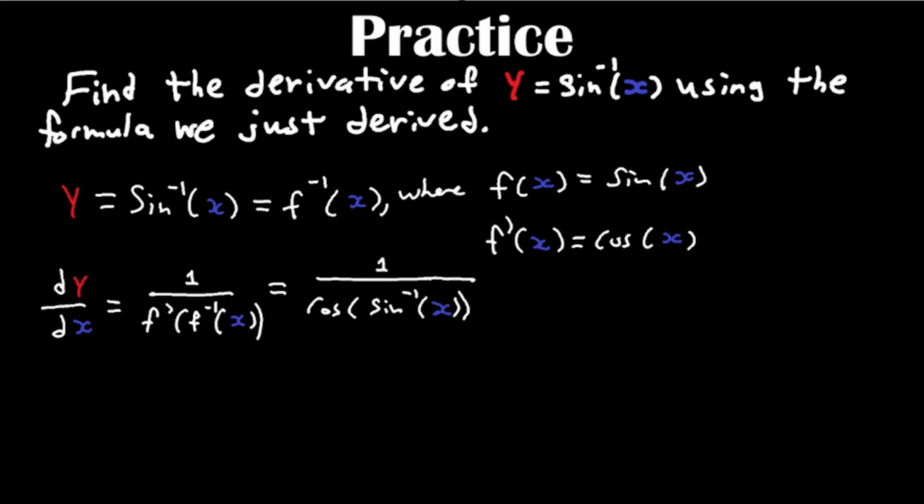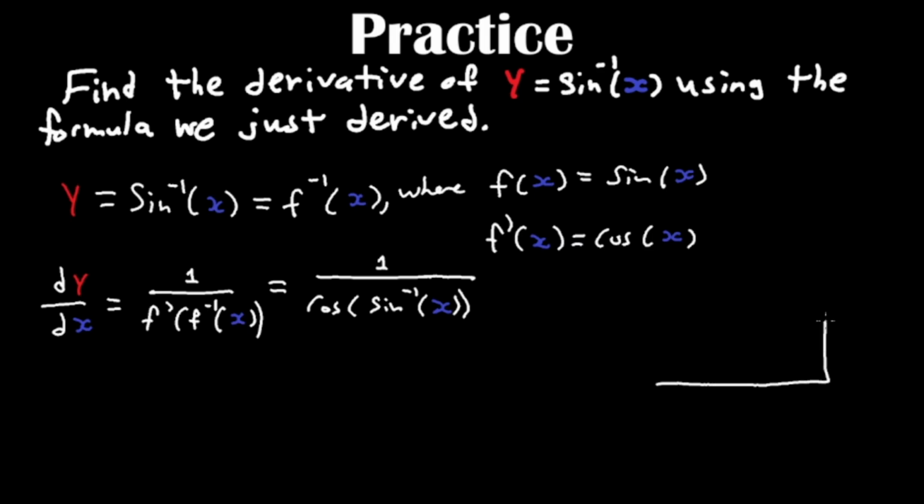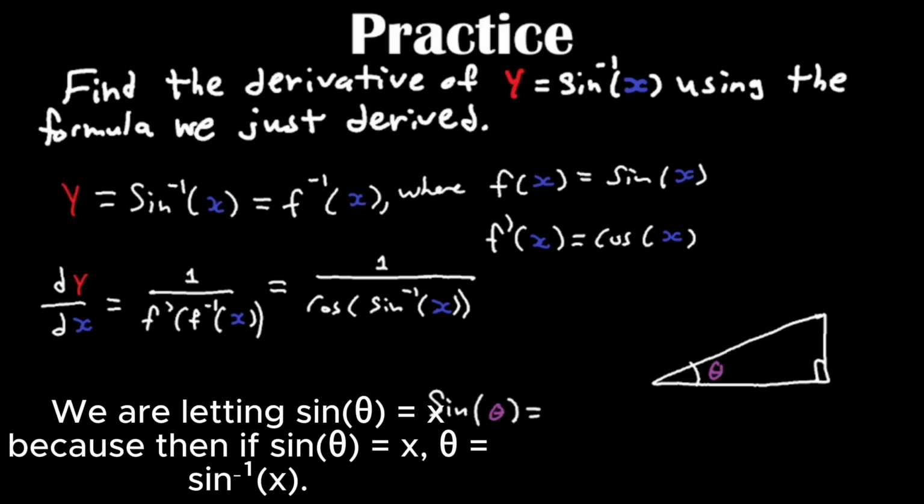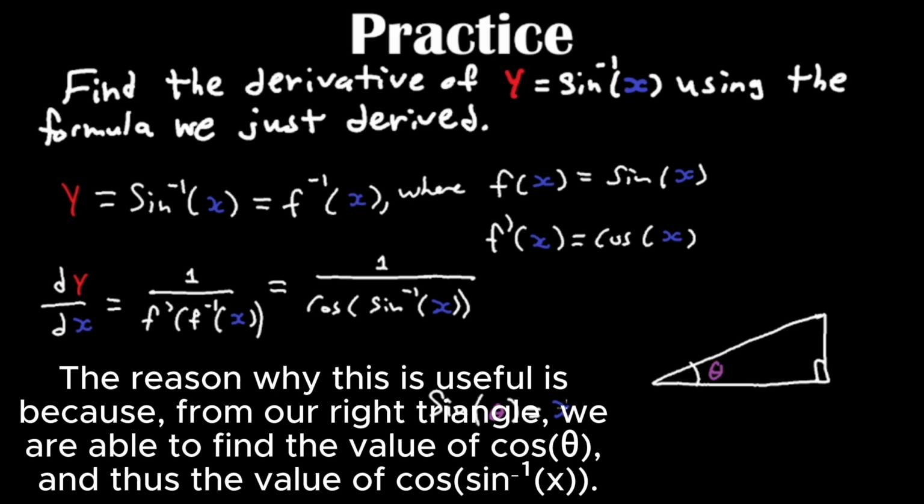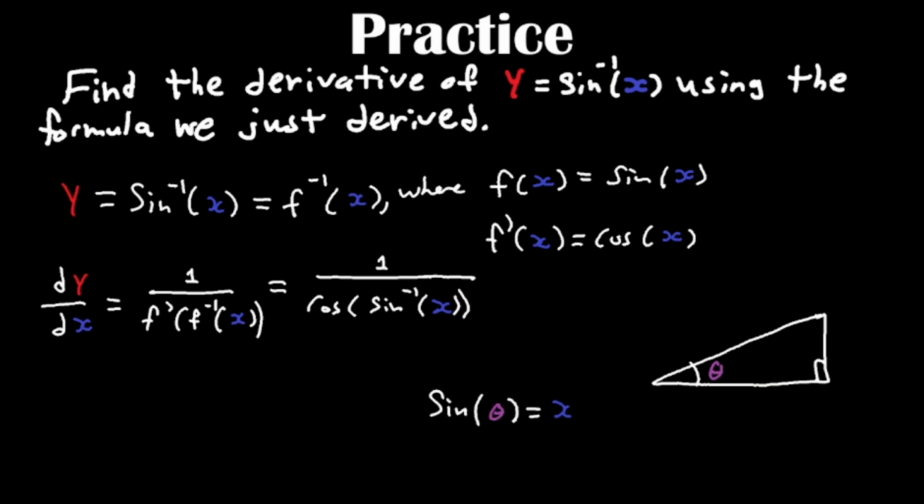You could leave it like that, but there are some simplifications that we can do using trigonometry, so I just want to show that. Let's draw a right triangle and call this angle theta. Let's say that sine of theta is equal to x. That's the same thing as x over 1.